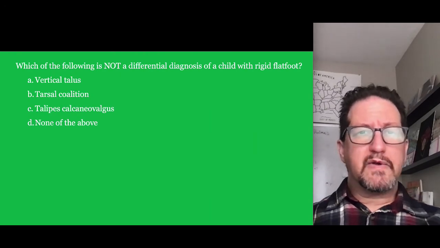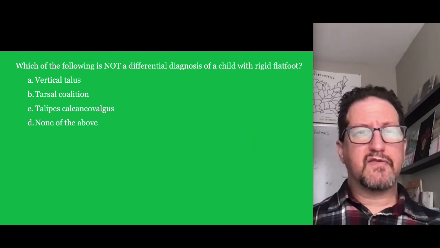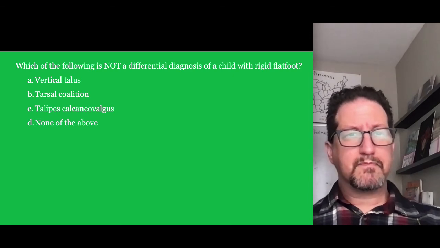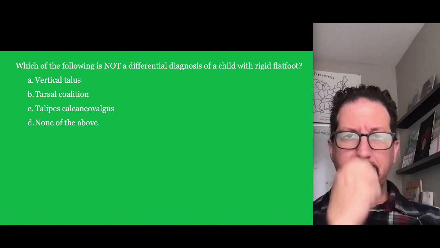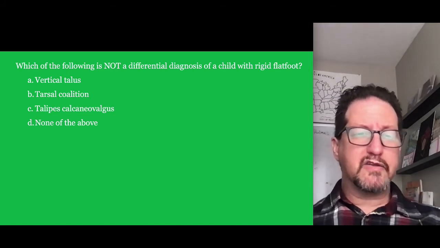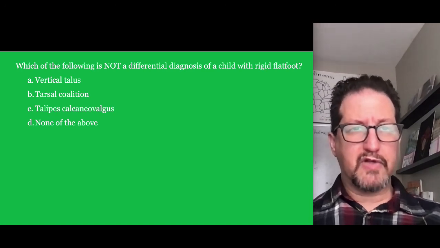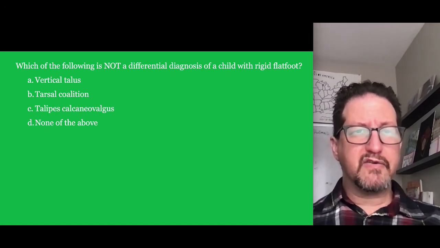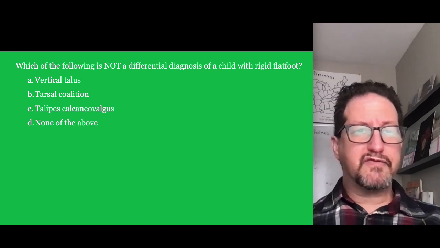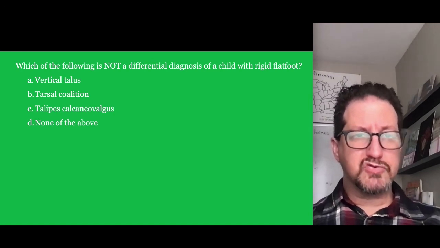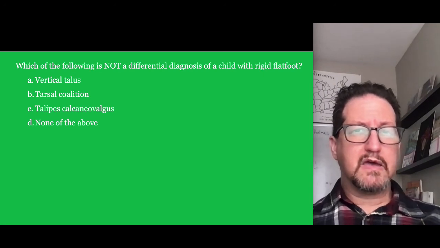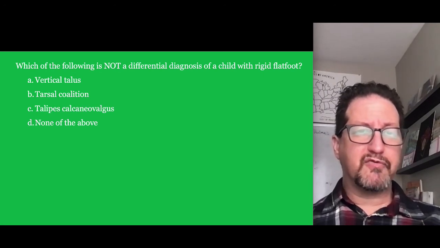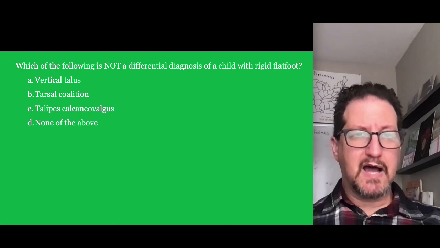Okay, which of the following is not a differential diagnosis of a child with rigid flat foot? It is important for you to remember what kind of child has a rigid flat foot versus a flexible flat foot. They are entirely different. They're treated differently. A rigid flat foot typically ends up surgical, whereas a flexible flat foot more commonly is not.